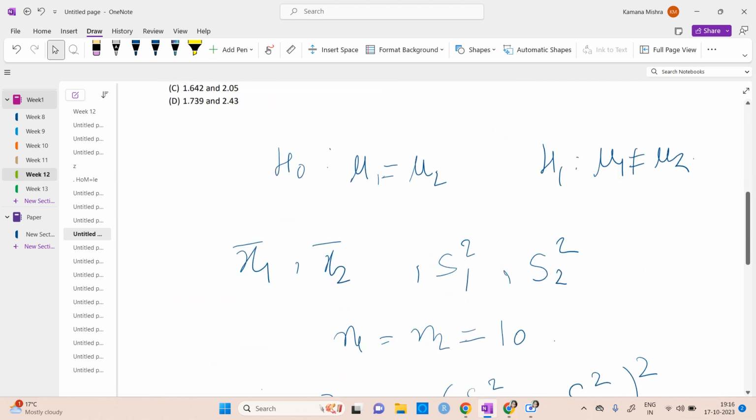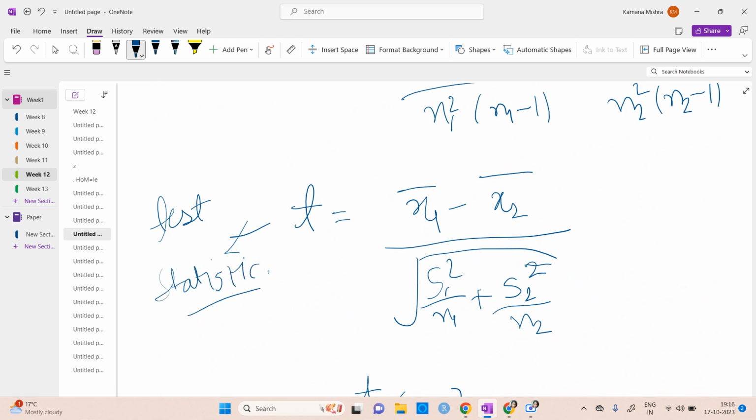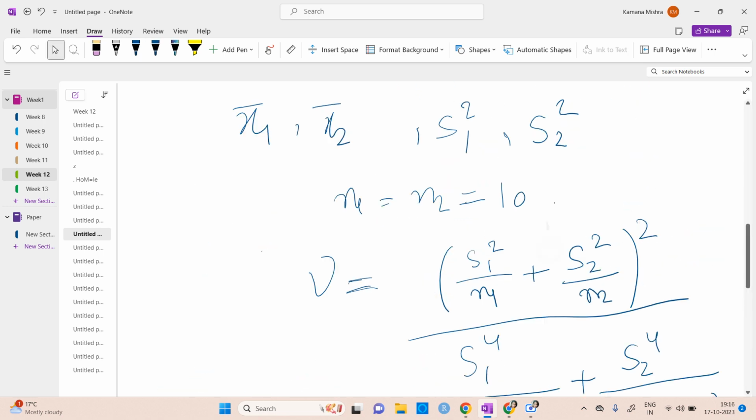So this answer would be a value of a statistic, test statistic. And this value will give you the critical value. Okay, so critical value means the critical region value.